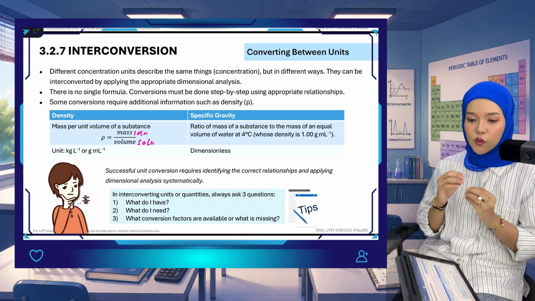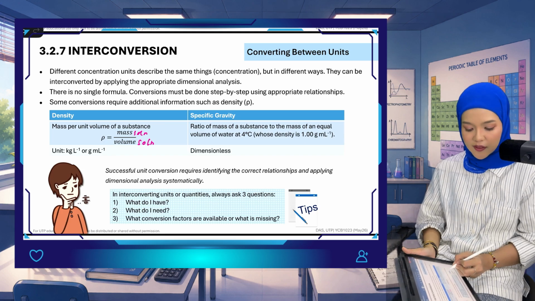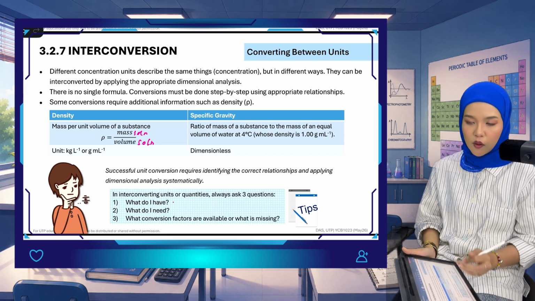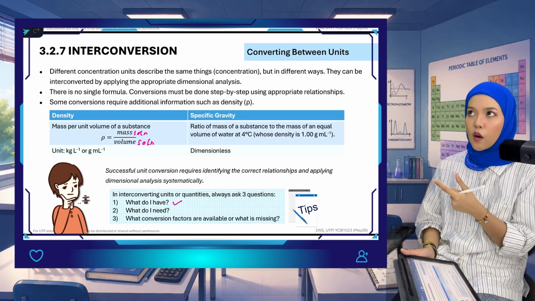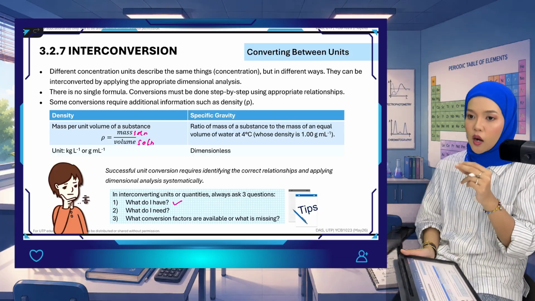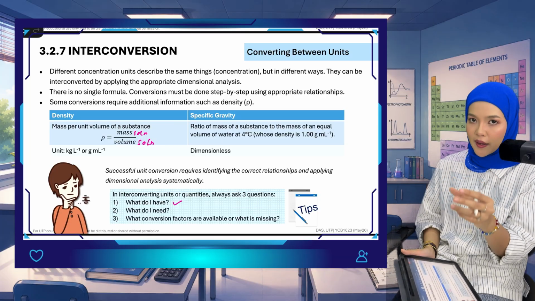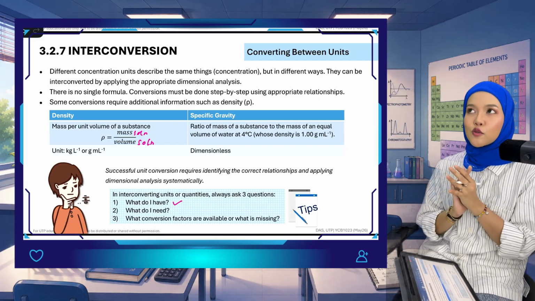If you want to be successful, here is a tip: always ask yourself, what do I have? What unit do I have? And second, what is the unit that I need? Then, how do I go from what I have to what I need? Then you can map yourself out. Do not panic.